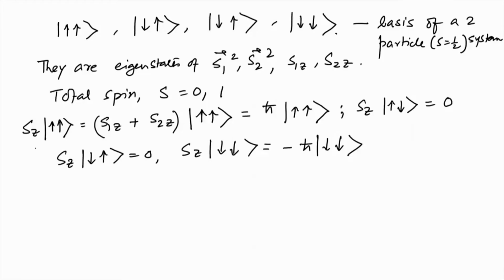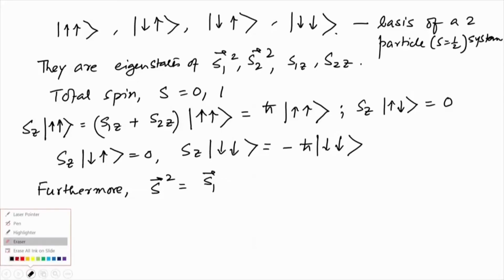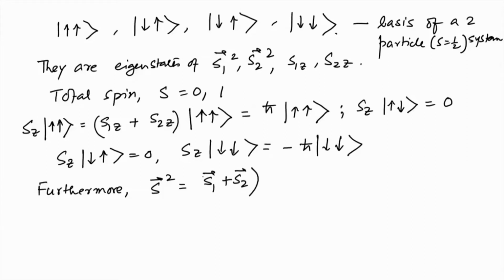And what about S square? Furthermore we have S square, which is equal to S1 plus S2 whole square, which is equal to S1 square plus S2 square plus twice S1 dot S2.